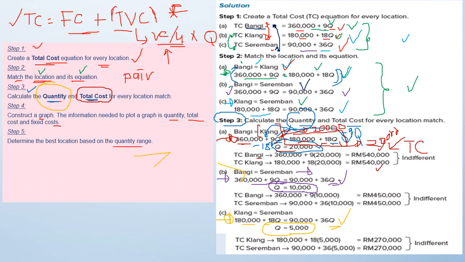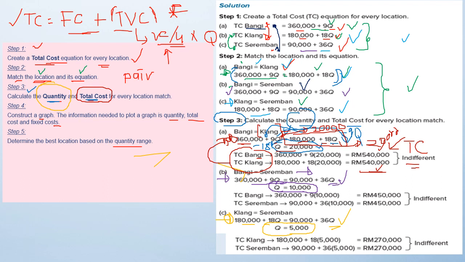So both locations, Bangi and Kelang, because this is the match that we have created before, when these two locations produce 20,000 units of products, they will incur the same total cost, that is 540,000 ringgit. And this situation is called indifferent.